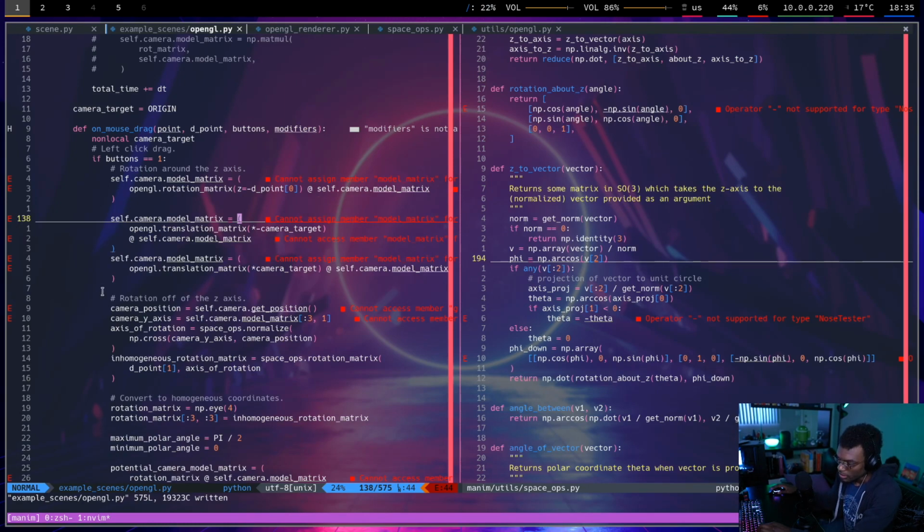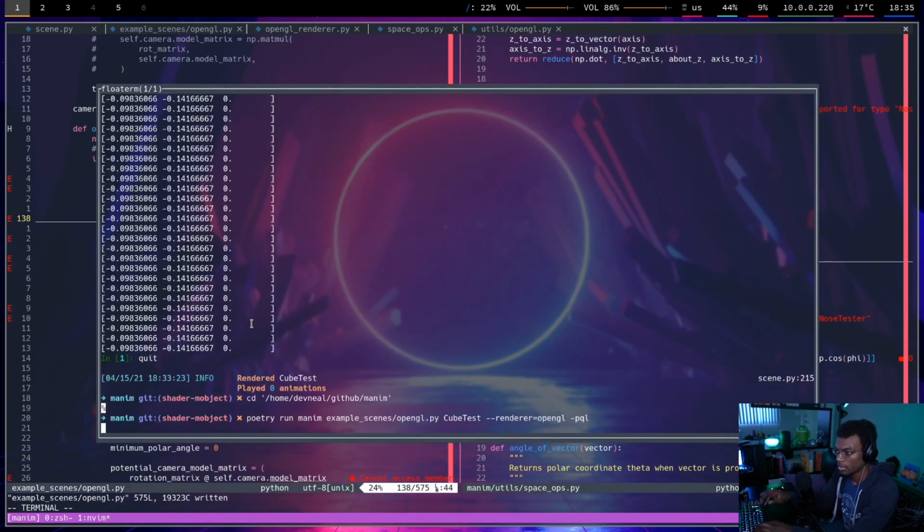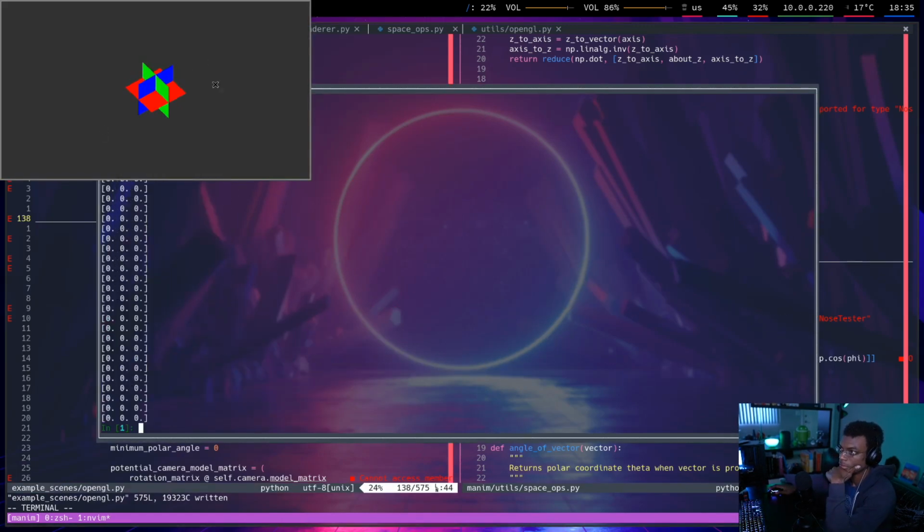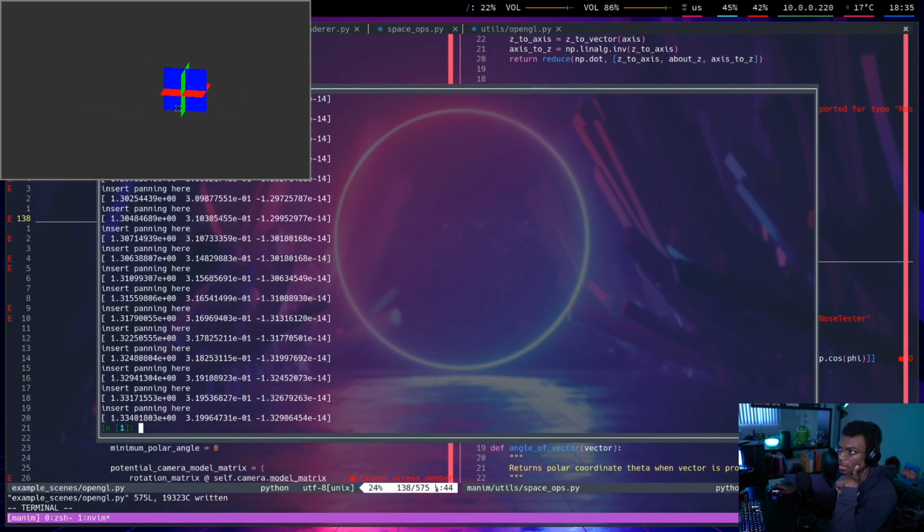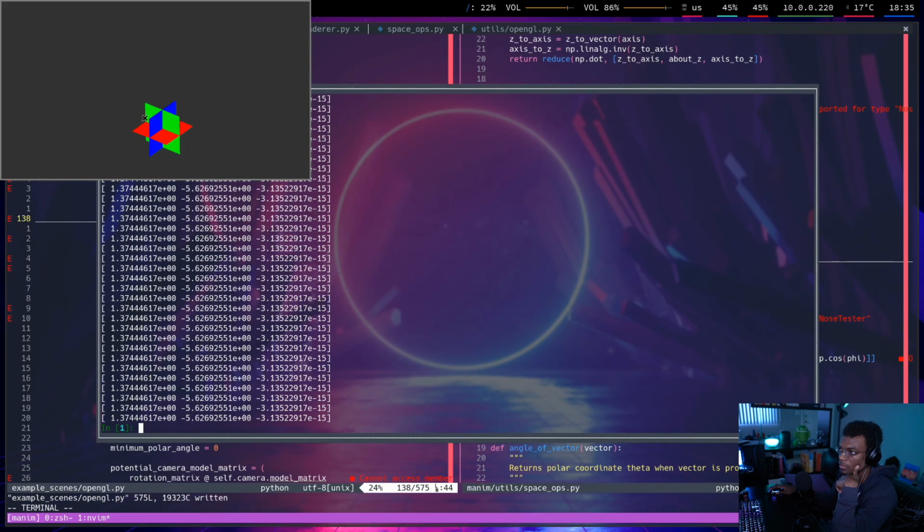Translate it so it's targeting the origin, then translate it right back. So let me run this. All the rotation code seems to be the same. If I do this, it's kind of doing what I expect. Okay.